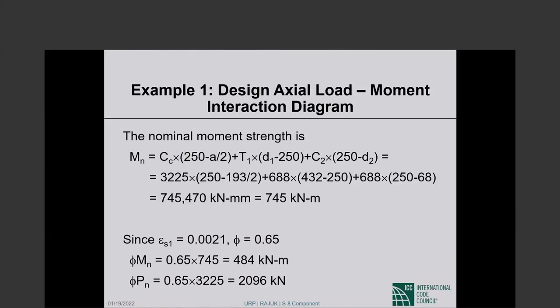And since this is a tied member, the phi is 0.65. So the 745 kilonewton meters of moment goes down to 484 kilonewton meters, that is phi times M sub n. And the 3225 kilonewtons of axial force goes down to 2096 kilonewtons, that is phi times P sub n.